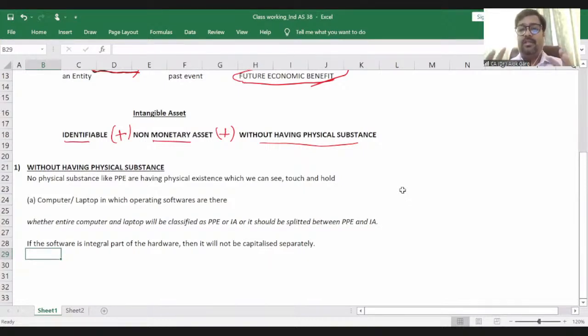This Windows software is like computer-controlled software, so I cannot transfer it to another machine. Without Windows this laptop cannot be used, and without hardware Windows is not usable. So Windows is an integral part of the hardware.